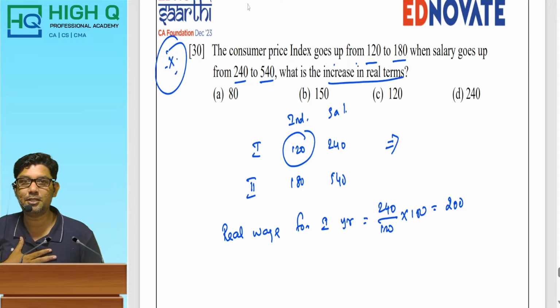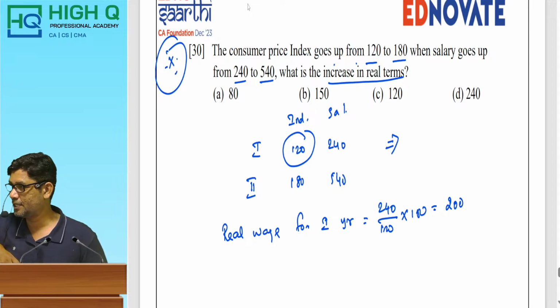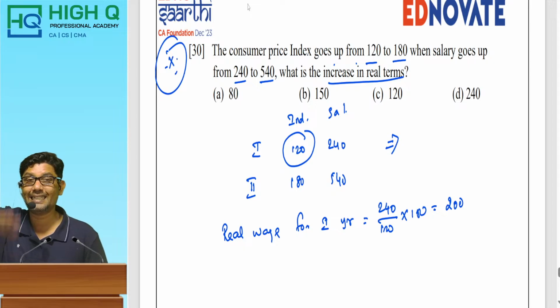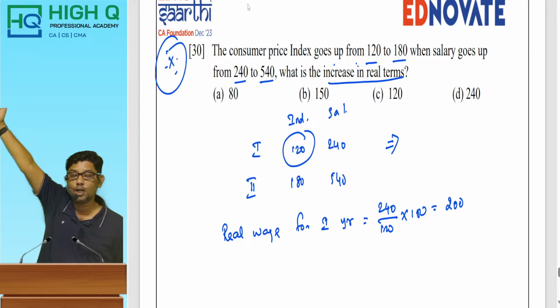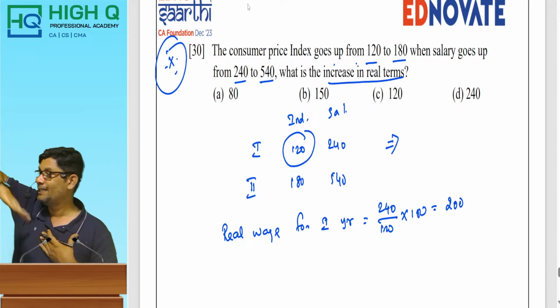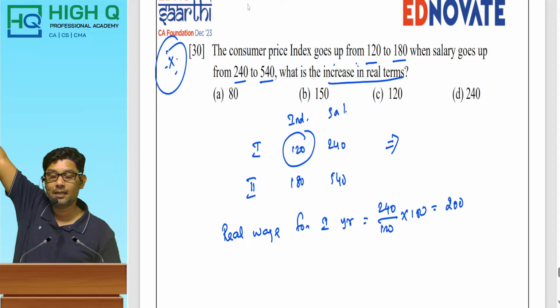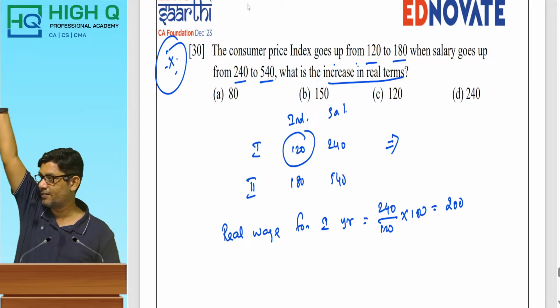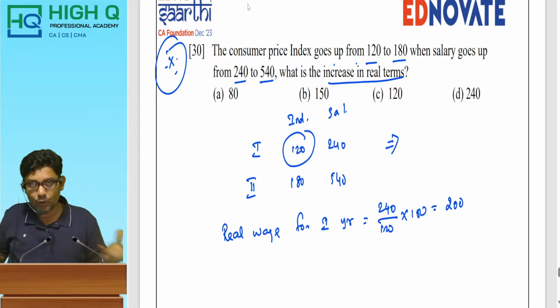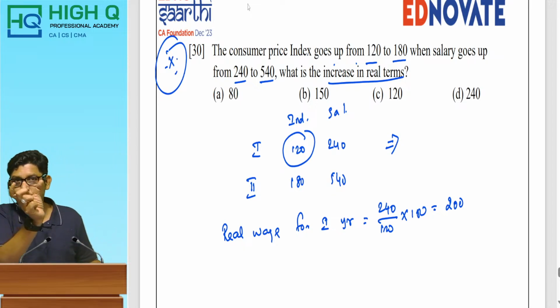Though I am getting 240 rupees, that is equivalent to 200 rupees only with respect to my base year. So, will I be able to maintain the same standard of living? No. Because earlier, if I had 240 rupees, at that time itself I would have earned that. Now I am earning only 200 rupees in the name of 240.